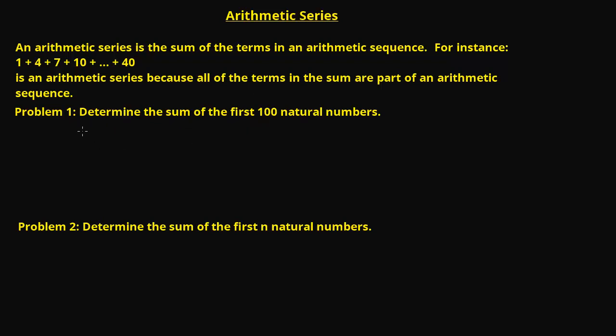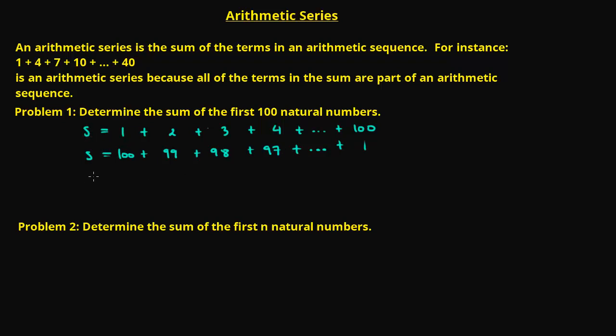The first thing he noticed was that if we call the sum of the first 100 natural numbers S, and he added 1 plus 2 plus 3 plus 4 plus ... all the way to 100, well, he noticed that you can add all the terms in the arithmetic series in reverse order, and write this as 100 plus 99 plus 98 plus 97 plus ... all the way to 1. We have the same series written in the reverse order.